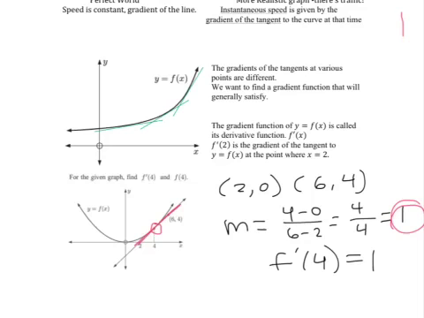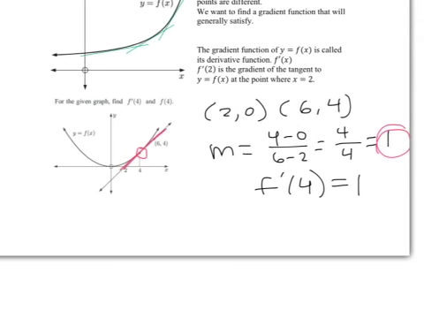So let's move on to the second part of the question, where we need to find f of 4. We already got the slope of the line, which is 1. Using y equals mx plus b, we found the slope is equal to 1, so we have y is equal to x plus b. Just plug in any of the 2 points.